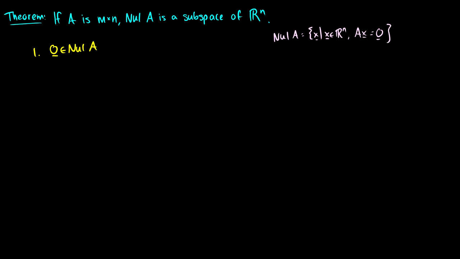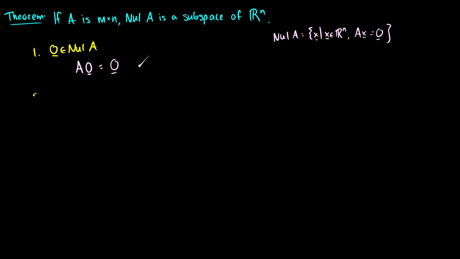Okay, so what this means, if 0 is in Null A, this means that A times the 0 vector has to equal 0, or the 0 vector. And of course we know this is true. Anything times the 0 vector, you're going to get the 0 vector back, assuming it can multiply nicely.